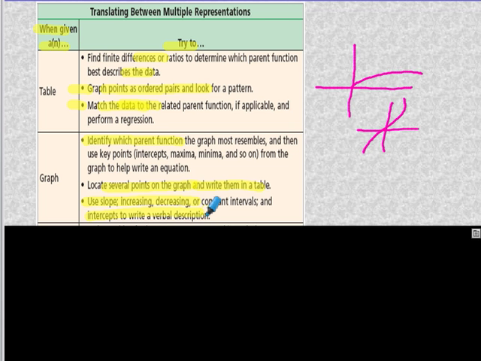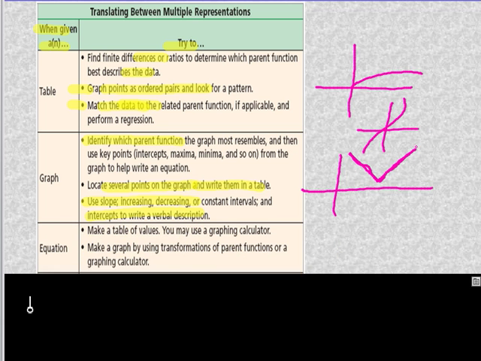Sometimes it's a combination of multiple functions, or what is called a piecewise function, just like that profit example from the amusement park, where it went down and then it went up, and it looks a little bit like a quadratic, but it was more linear. So it might not have been just a standard function. It might have been a combination of a couple.